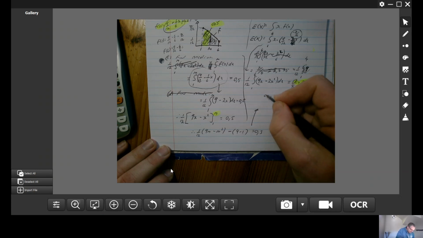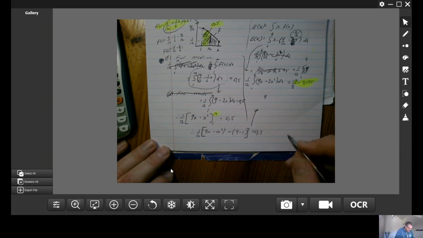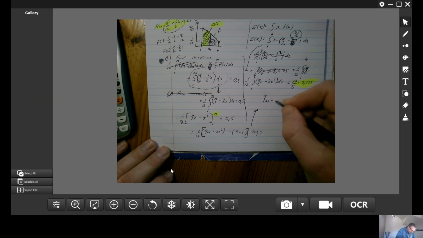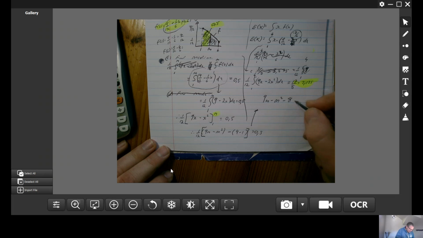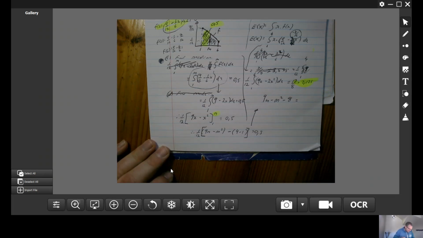Let's get rid of the 12 at the bottom. So I get 9m minus m squared minus 8 is equal to 0,5 times 12, and 0.5 times 12 is equal to 6.